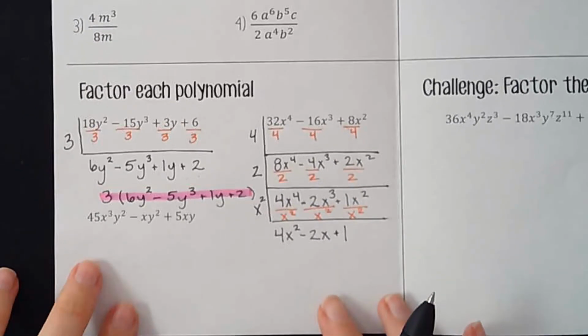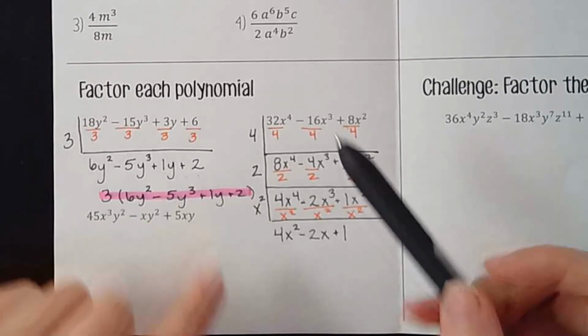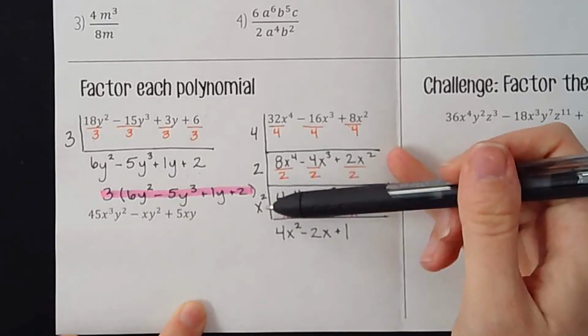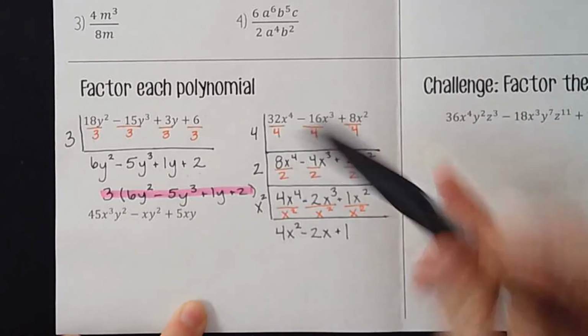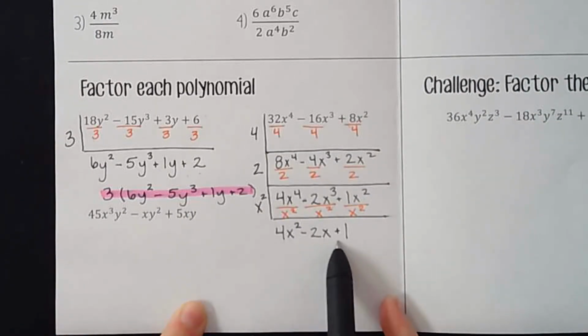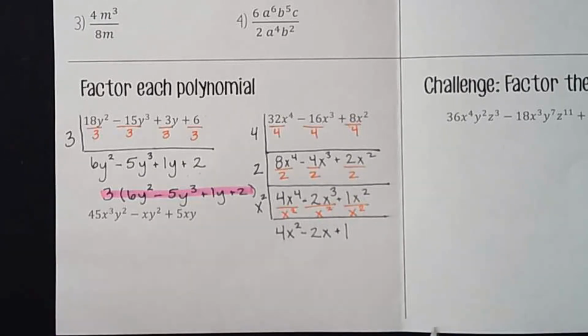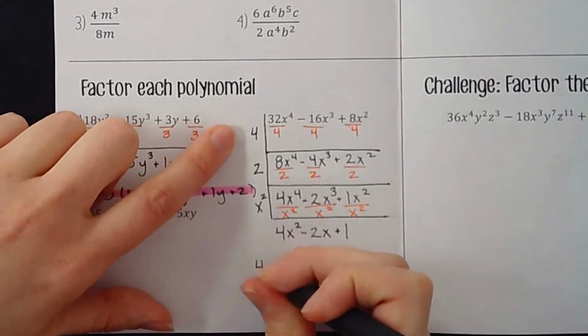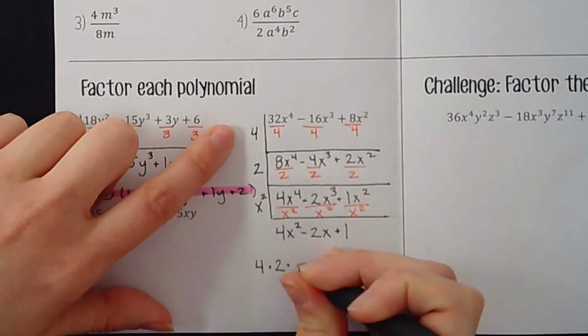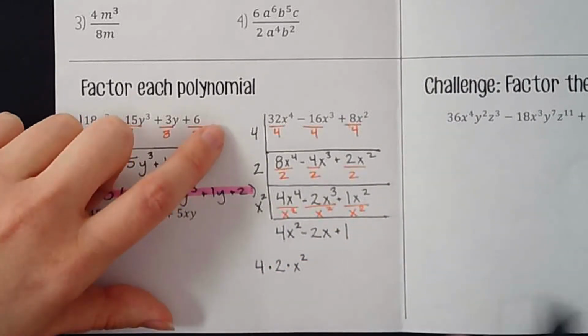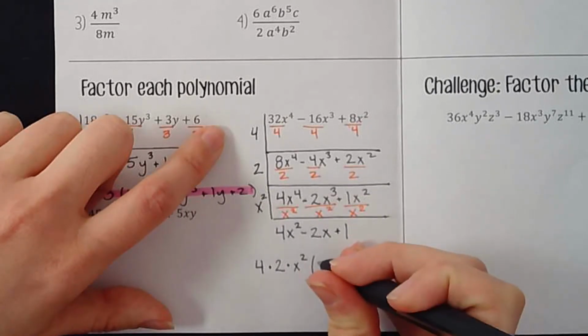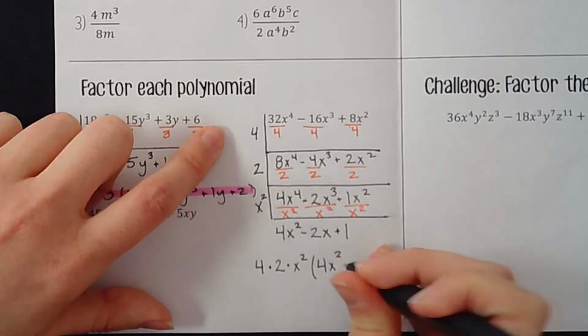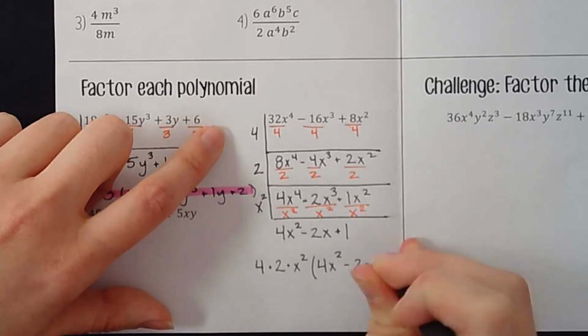So my final answer, I know if I multiply these three things together with 4x squared minus 2x plus 1, those are my factors. So what I have is 4 times 2 times x squared being multiplied by my trinomial 4x squared minus 2x plus 1.